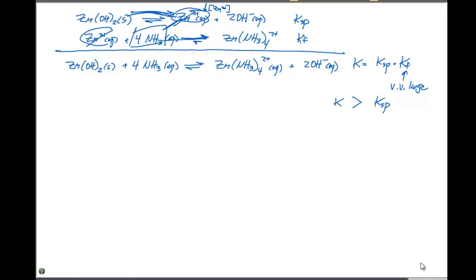And this is going to tell us that the equilibrium is going to shift over to the right-hand side, and that in this particular instance, our zinc hydroxide solid will be more soluble in NH3 than in water.